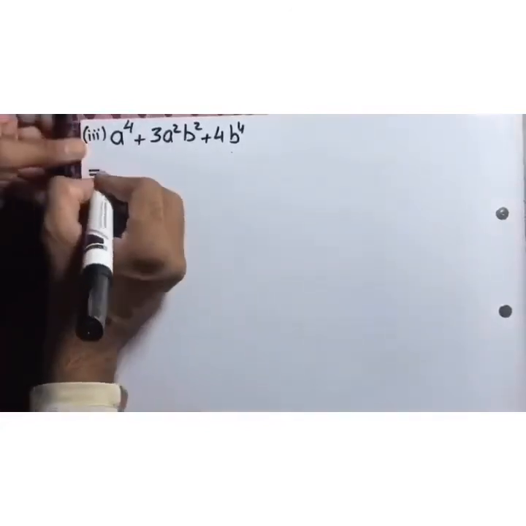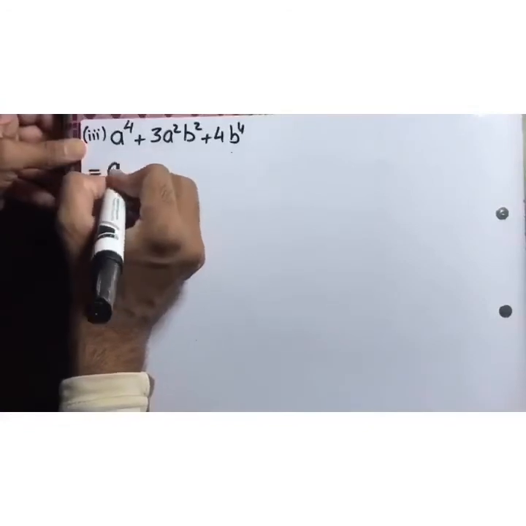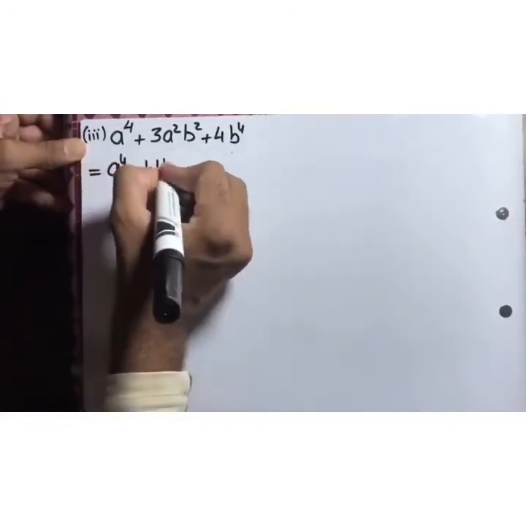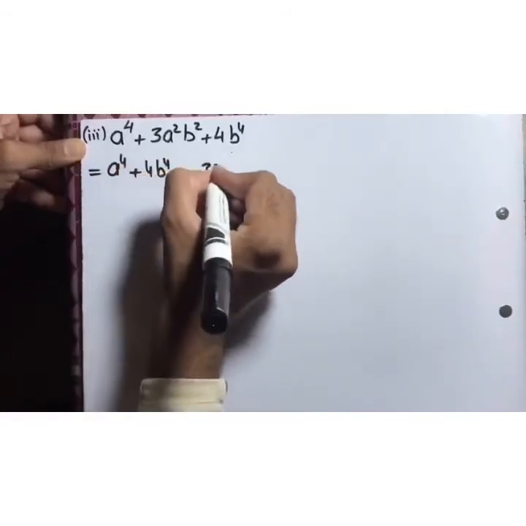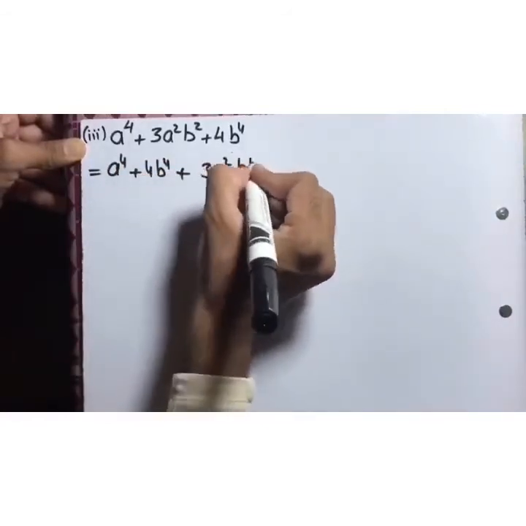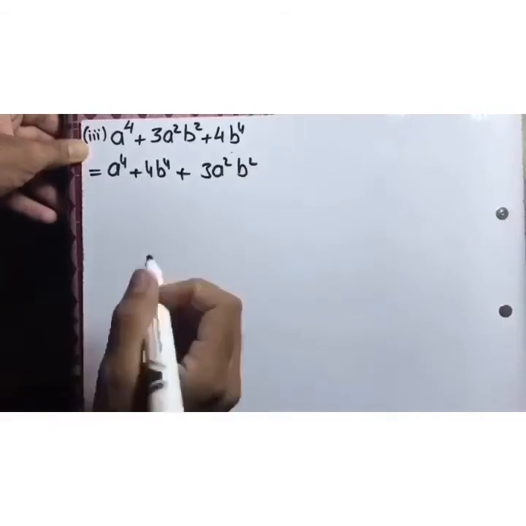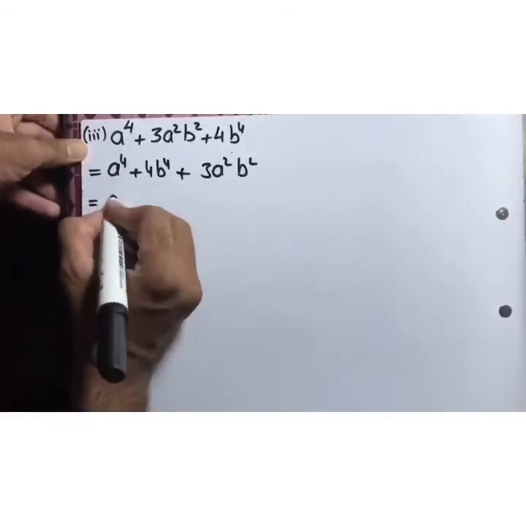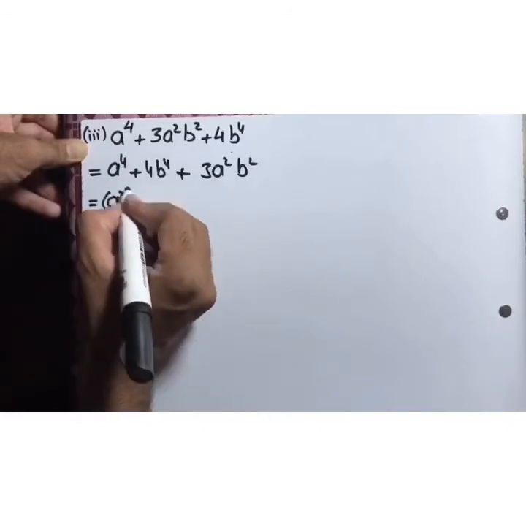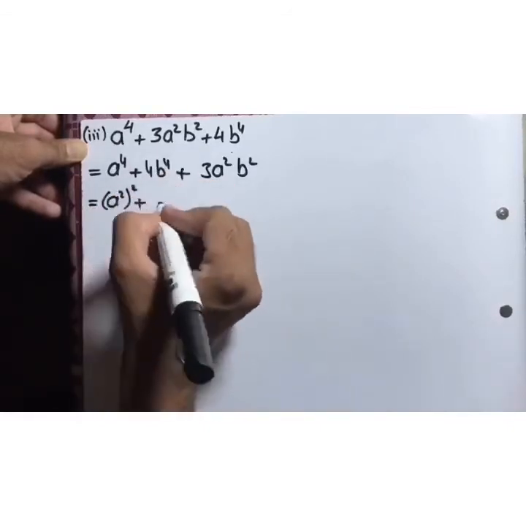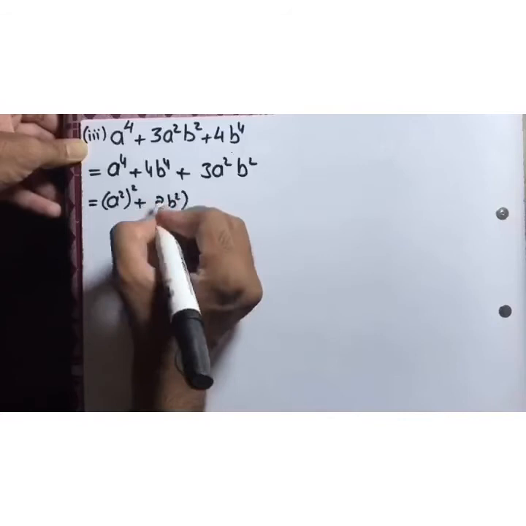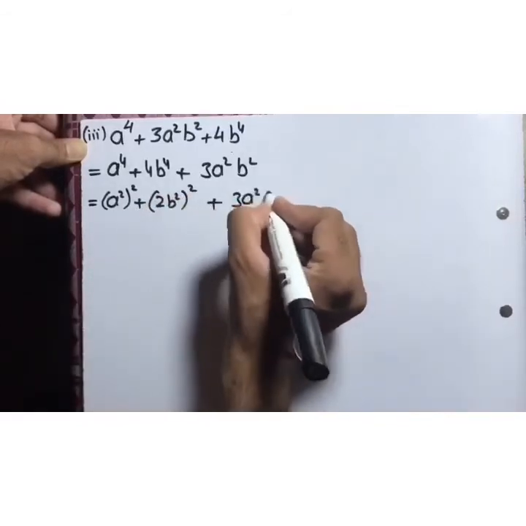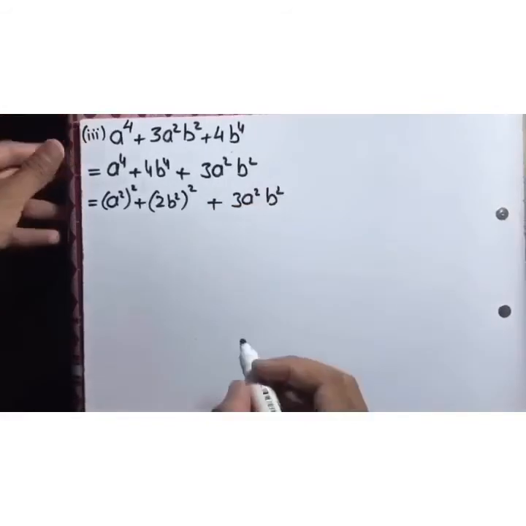So first of all we arrange them: a raised to power 4 plus 4b raised to power 4 plus 3a square b square. We arrange this because a raised to power 4 is becoming the perfect square of a square, and this is becoming the perfect square of 2b square whole square. That's why we arrange it.